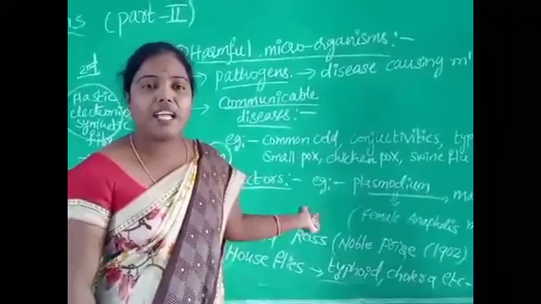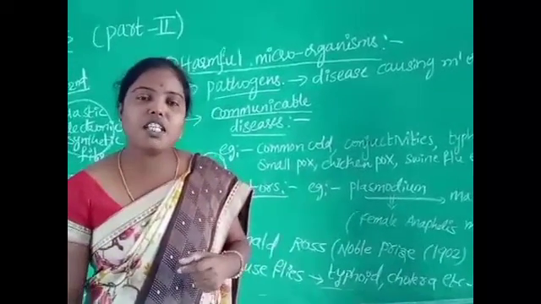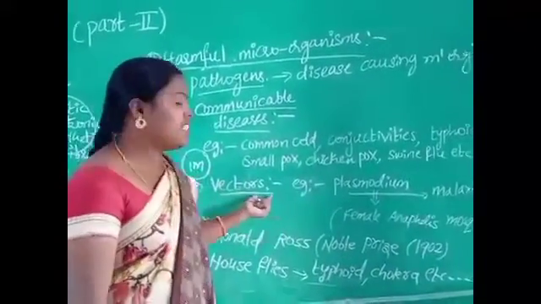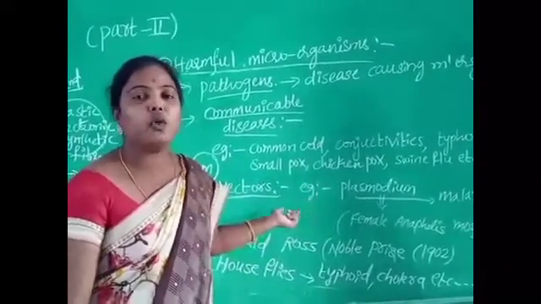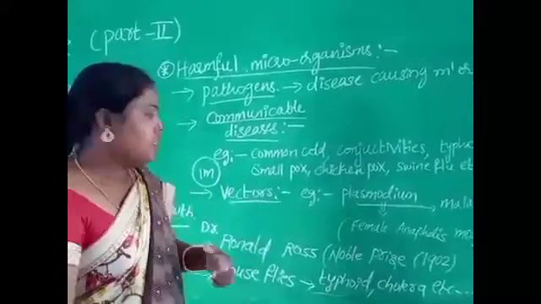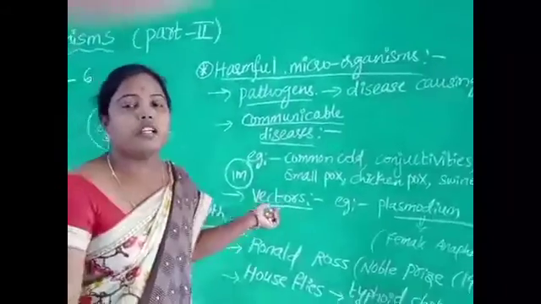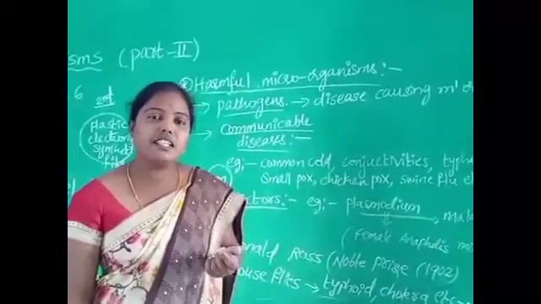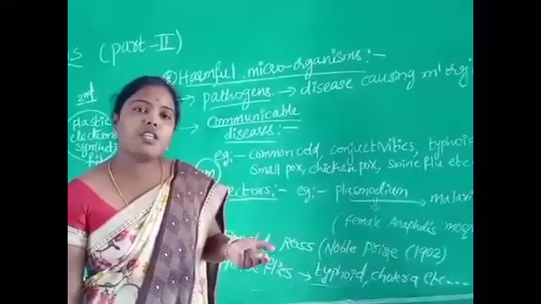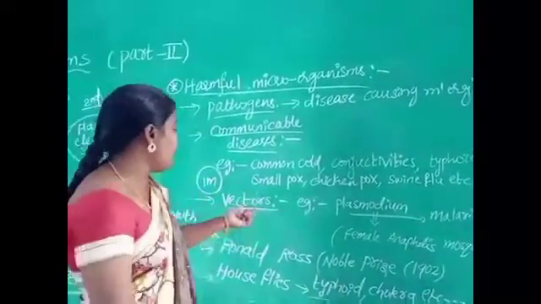When the animal or insect bites one person, the disease causing microorganism enters from one person to another. Such a carrier is called a vector. Some animals and insects carry disease causing microorganisms; they are called vectors.